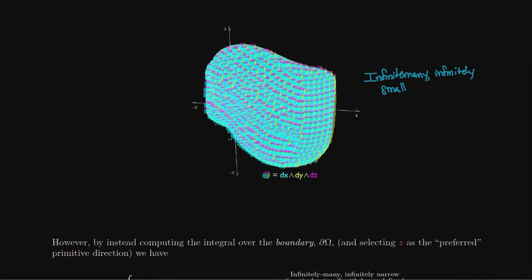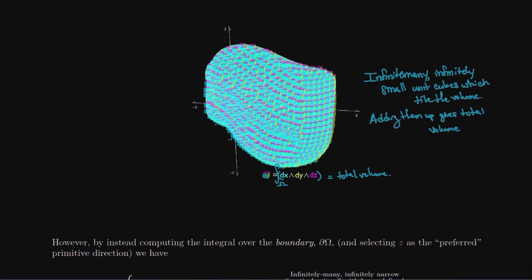So infinitely many, infinitely small unit cubes which tile the volume. And then we add all of them up, gives total volume. This is the volume integral. If I just integrated dx, dy, dz over omega, I get the total volume. This volume integral that I started with.